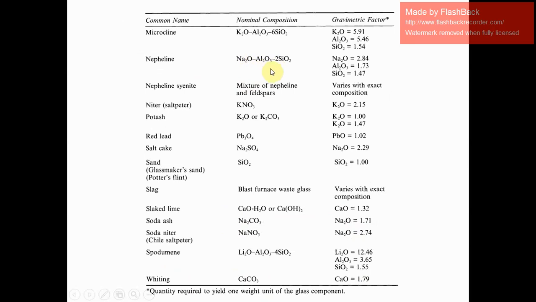If you need a batch calculation for a glass composition having compounds like Na2O, Al2O3, SiO2, then you should prefer nepheline, so that you get some of the composition from it. Then you take the rest of the silica, and if Na2O remains, you can take Na2CO3, sodium carbonate.